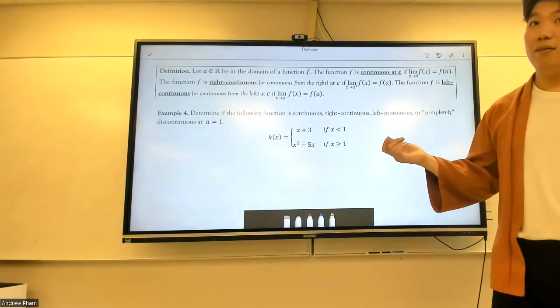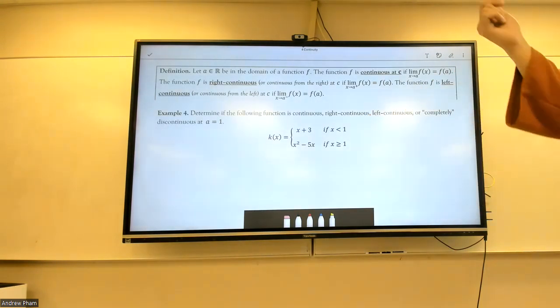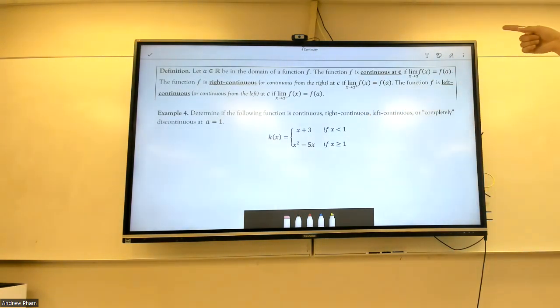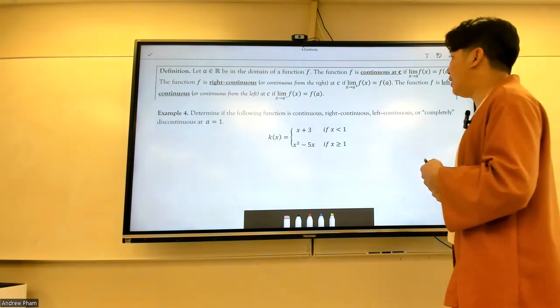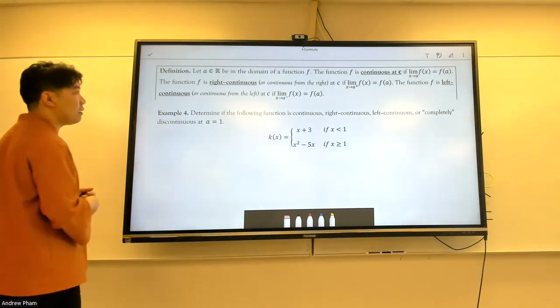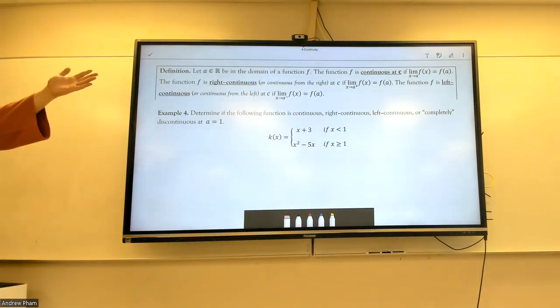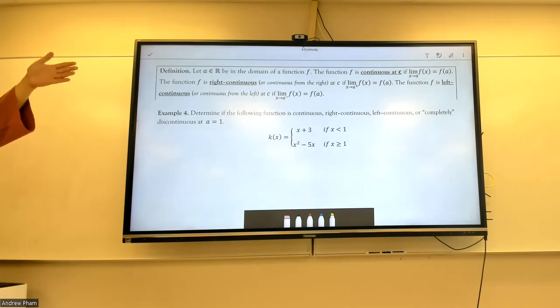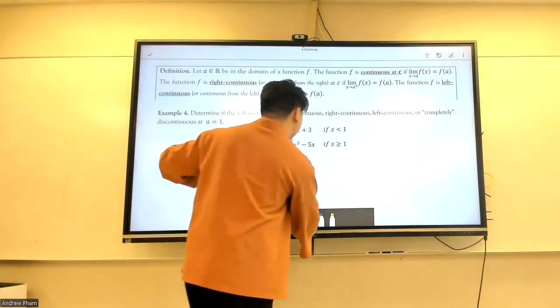So let A be a real number. Remember that fancy notation? A looks like a backwards E with a double R. That just says A is a real number. Be in the domain of a function f. The function is continuous at A if the limit is equal to the actual value. This is what we've been doing so far. And I see a little bit of a typo here.